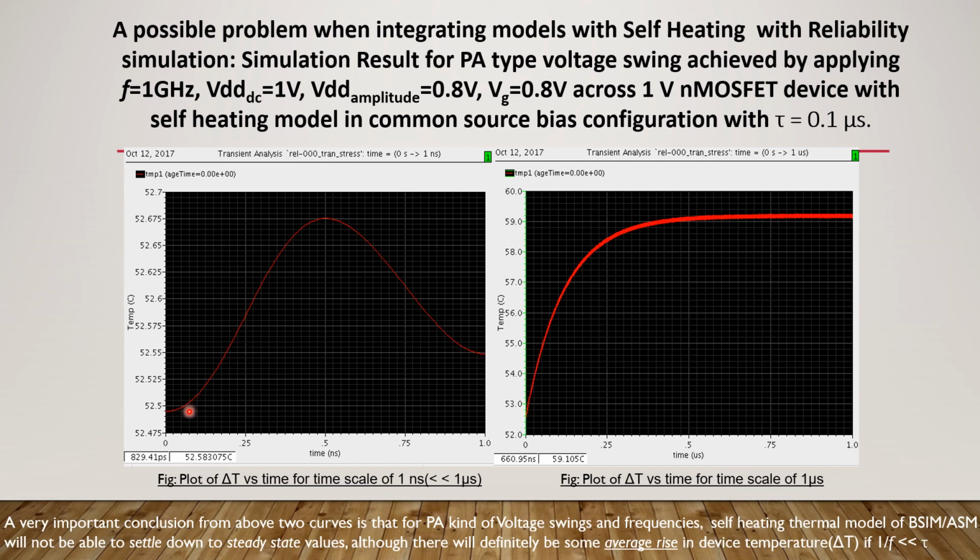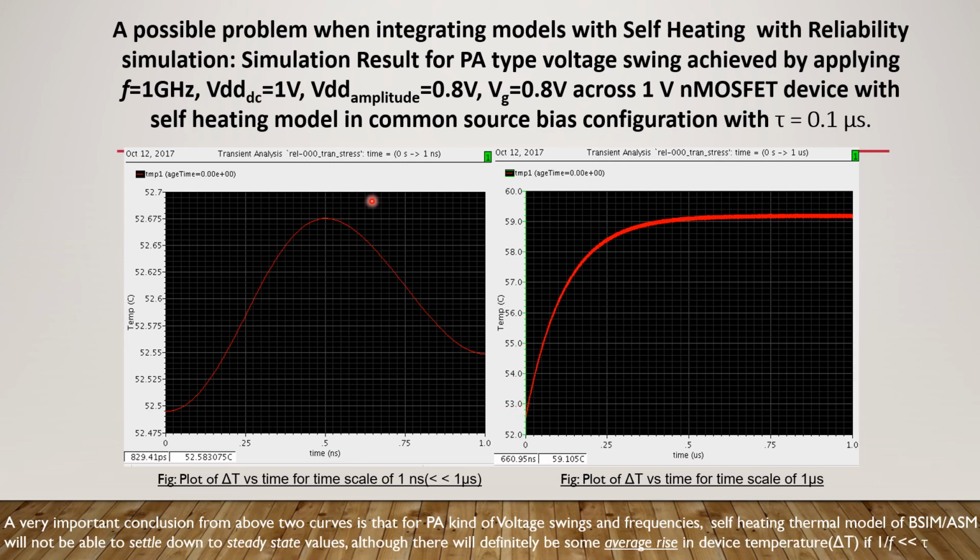This is a transient rise and fall in the temperature, because the thermal network is now unable to follow the change in the input, and that's why you are getting something like this. However, when I simulate till 1 microsecond, this waveform is a very small portion here.